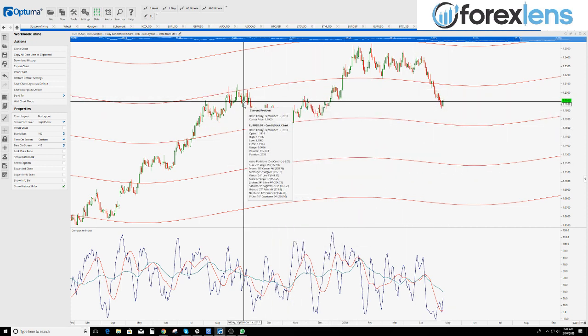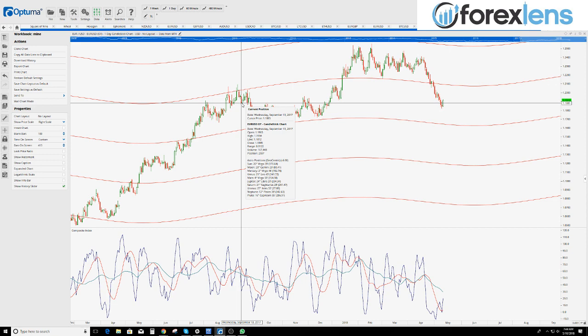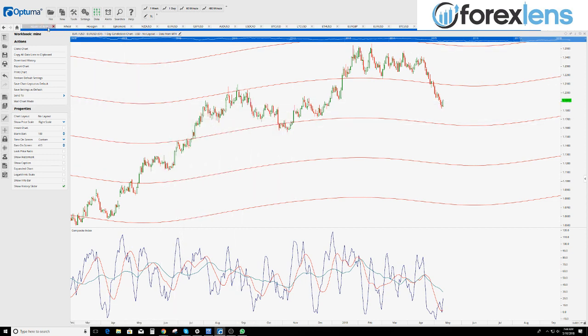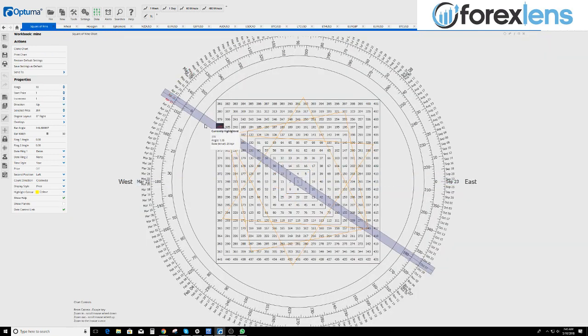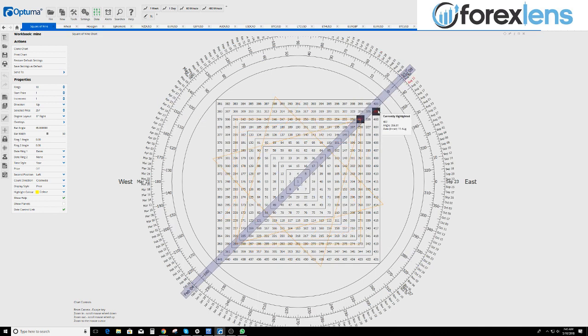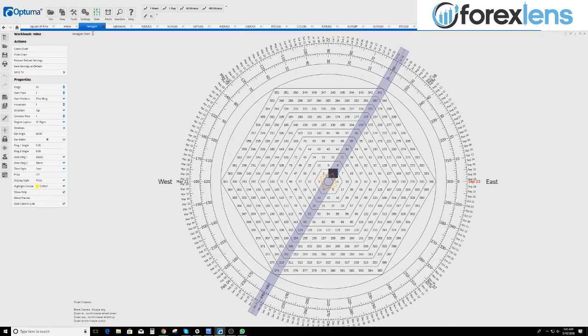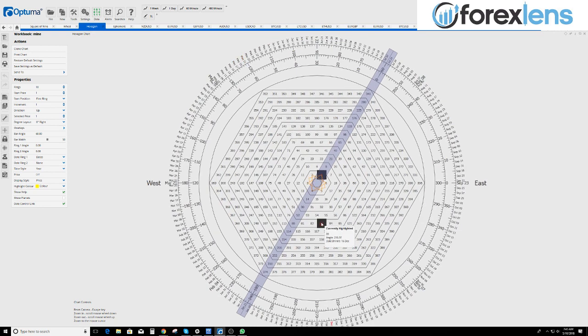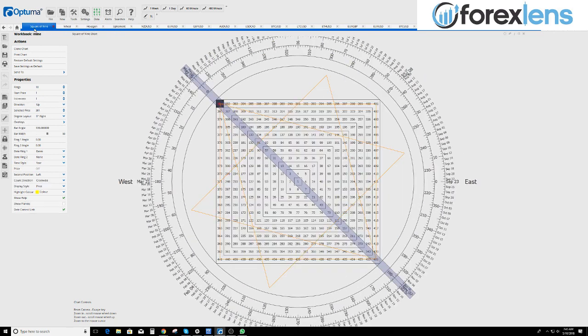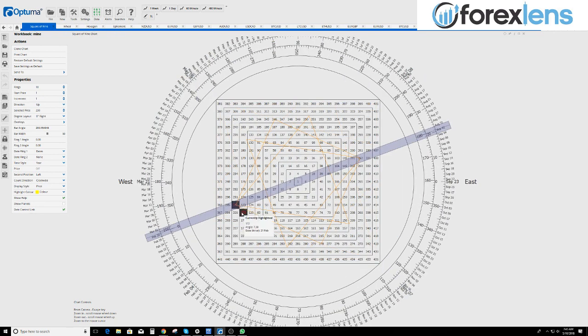The other nice thing about this is that I want to show you the square of 9. Now the square of 9, Gann had a number of these types of square root calculators. There's the square of 9, or the wheel, or what was called the universal clock. I had a hexagon version of it. There's also a square of 4, but the square of 9 is probably what he is most known for.